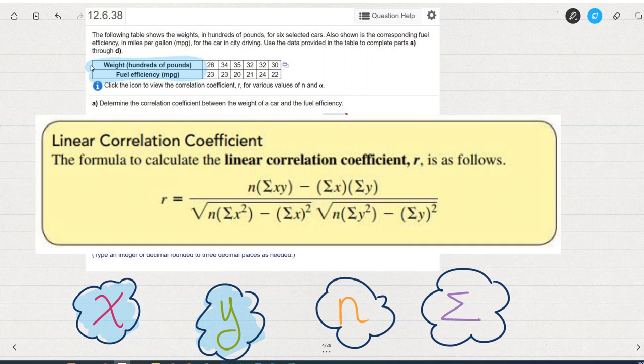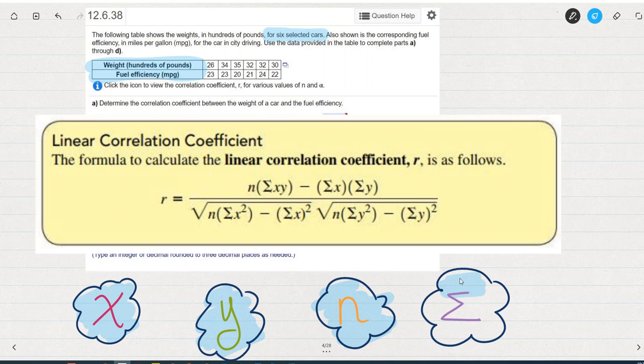However, we do want to be precise, so let's work at connecting which is dependent and which is independent correctly. We'll also need to understand what N means. N means how many items were included in the study. In this case, we're told that there were 6 cars selected. So for this example, N will equal 6.